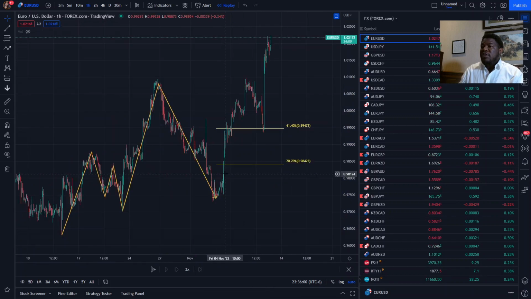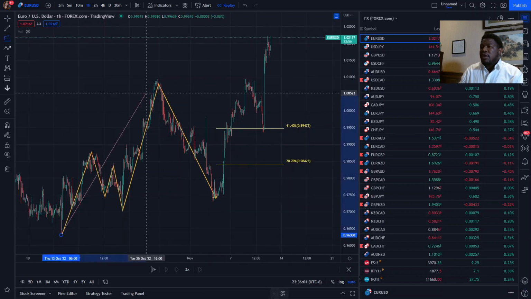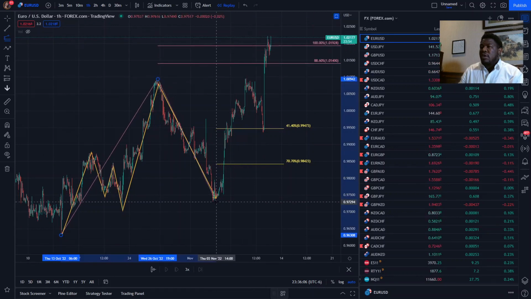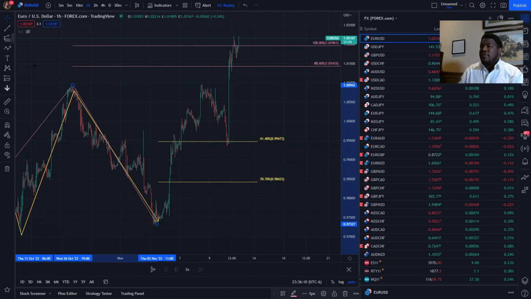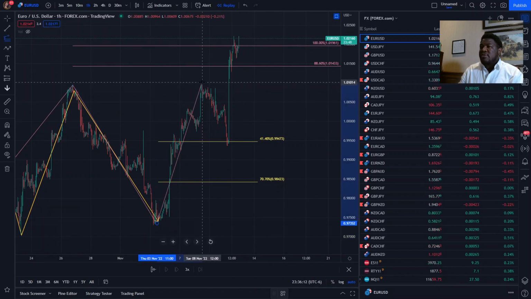And all of these moves in the market relate to each other. From here to here, you can read them in advance. None of this was actually a surprise.